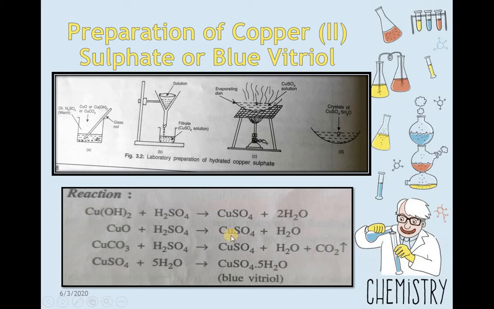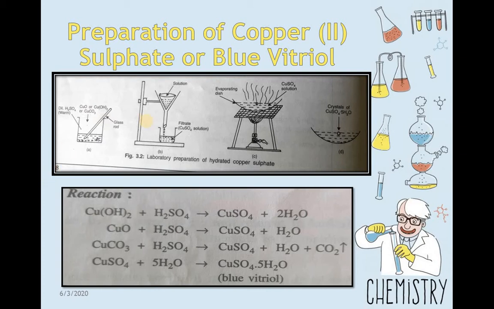Now what you do, you take dilute sulfuric acid in a beaker and heat it on a wire gauze. Then add copper hydroxide or black copper oxide or copper carbonate in small quantities at a time and keep on stirring till no more of it dissolves and the excess compound settles at the bottom.